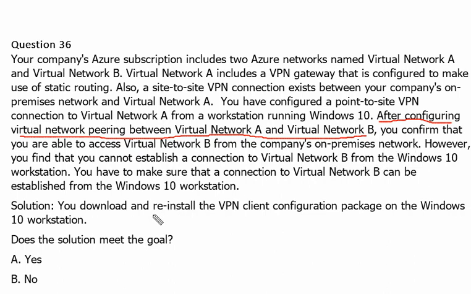That is the one reason that we have to reinstall the VPN client configuration, and then only it's going to work. That means whenever we have a network topology change, we have to install the Windows VPN client again and configure it. Okay, so let's move to the next question.